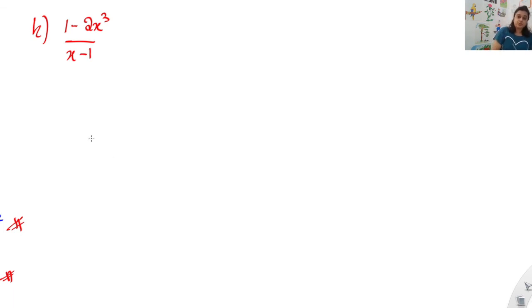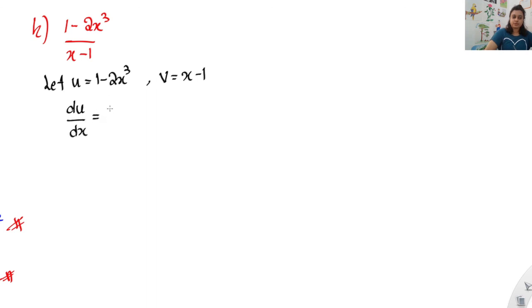Since we are going to use the quotient rule, we must have u and v. So let u be 1 minus 2x to the power of 3. Then your v will be the bottom one, x minus 1. Let's differentiate: du dx gives negative 6x square, and dv dx gives 1.